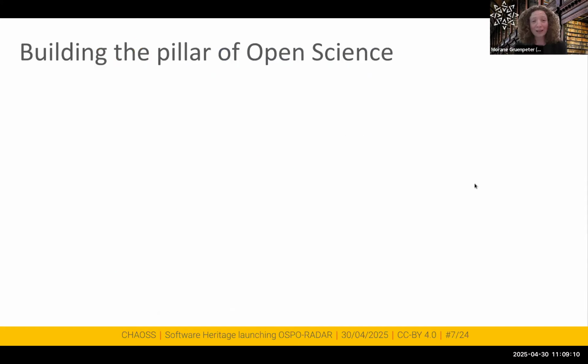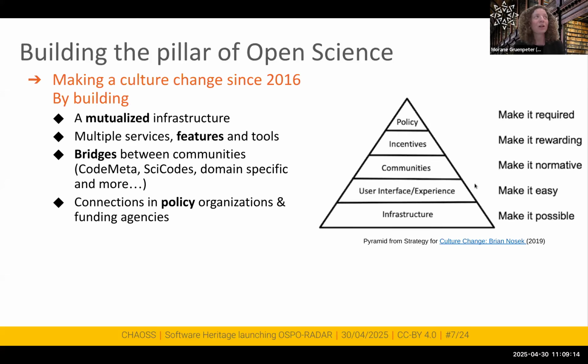We are building an open science pillar, but we're not only building this pillar, because we have been making a culture change since 2016. First with this mutualized infrastructure, but also with multiple services and tools, building bridges between communities with CodeMeta, with SciCodes, with domain-specific communities, and connecting with policy organizations and funding agencies.